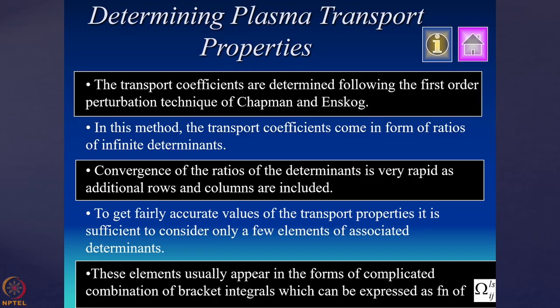So basically, in this method, the transport coefficients are determined in the form of ratios of infinite determinants. The convergence of the ratios of the determinants is very rapid as you increase the number of rows and columns. That is the hope, because infinite determinants are meaningless as far as practical considerations are concerned.